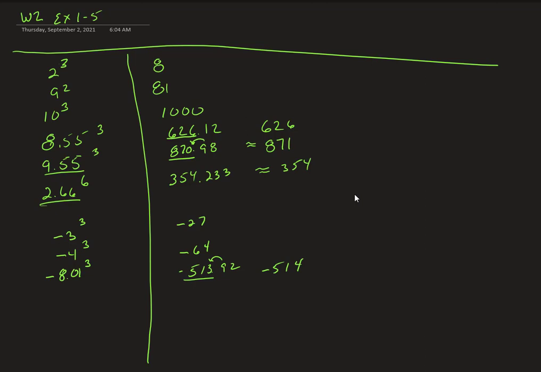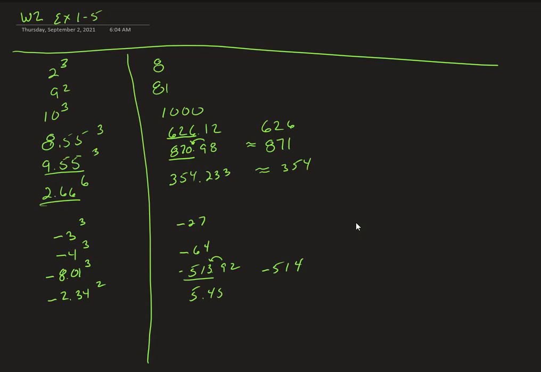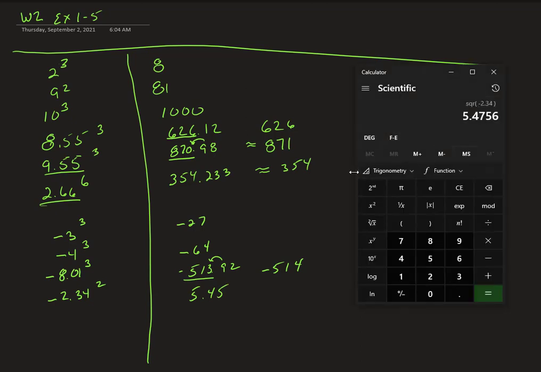Let's square one. Let's do negative 2.34 squared. So negative 2.34, and we'll square that. 5.475.